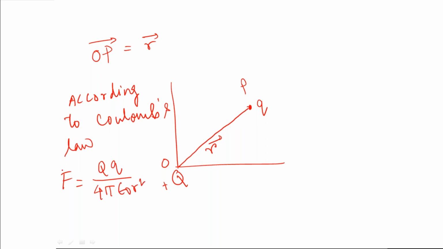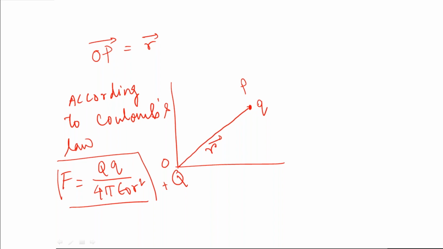If I say in terms of small q, according to Coulomb's law, the small q experiences a force F equal to capital Q small q by 4 pi epsilon naught r square. This is the magnitude of the force.